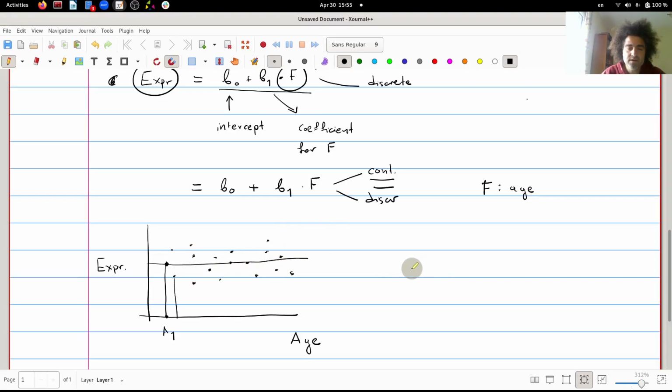Now, another case for another gene might be the following. Again, here we have the age, and here we have the expression level.